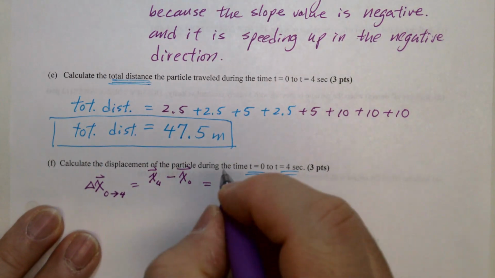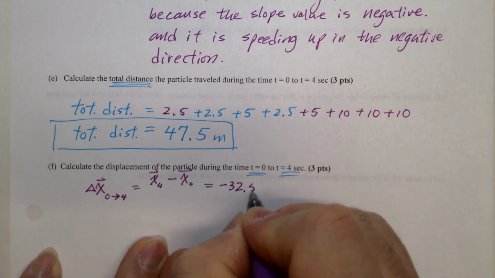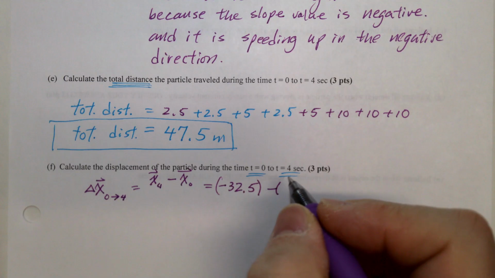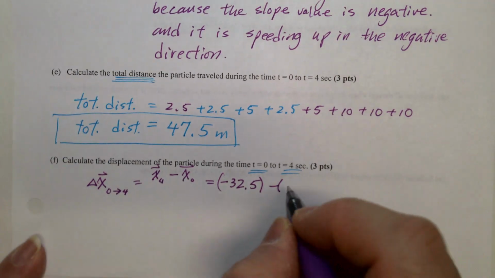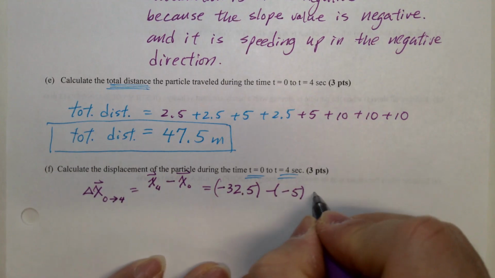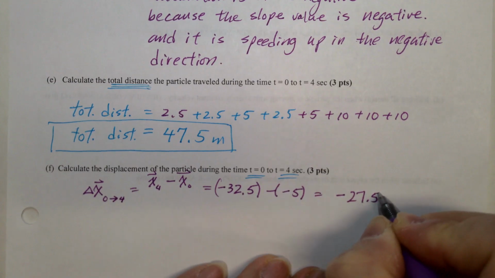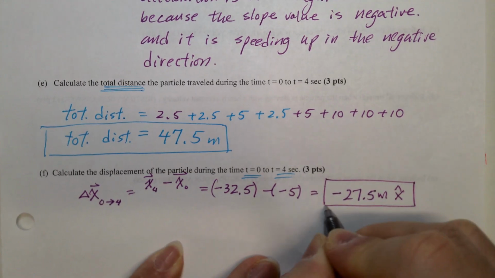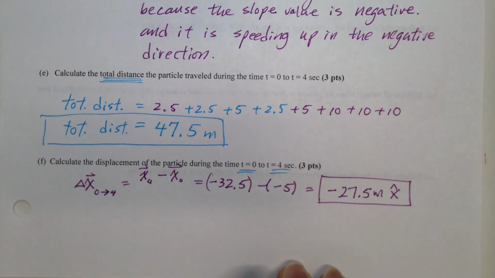So that's negative 32.5 minus x at 0. X at 0 seconds is negative 5. Therefore, it looks like negative 27.5 meters x hat is the change in position, or the displacement, between 0 to 4 seconds.